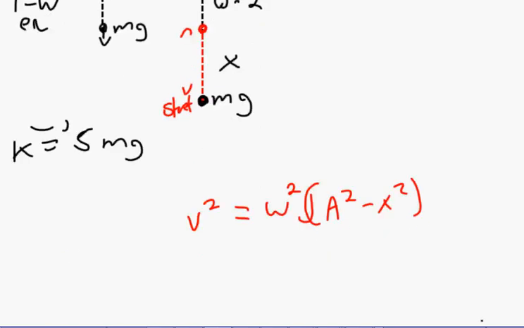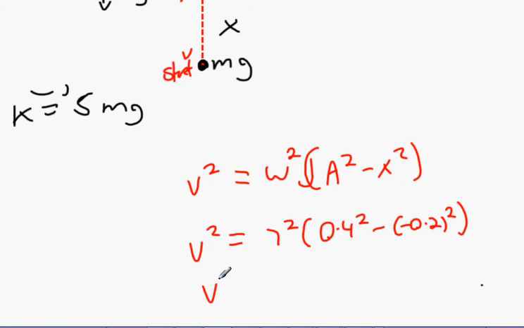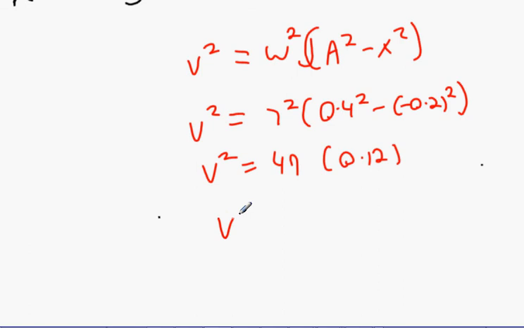So v squared equals 7 squared times 0.4 squared minus 0.2 squared, because it's on out the other side. So v squared equals 49 multiplied by, what's 0.4 squared minus 0.2 squared? Is it 0.12? Yeah.